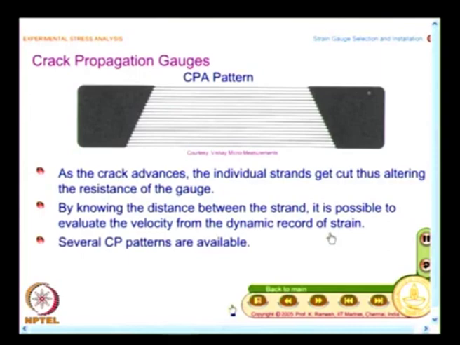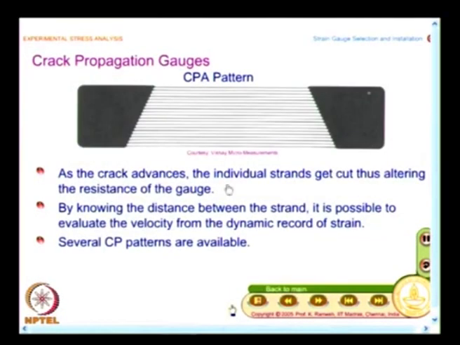See, we have to look at fracture mechanics. This is becoming very important from design point of view, and once you look at strain gauge development, we will also look at, if time permits, towards the end of the course, how to measure stress intensity factor from strain gauge measurement. This is going to make your utility of strain gauge for a variety of practical problems of current interest. And you also have several such patterns available.